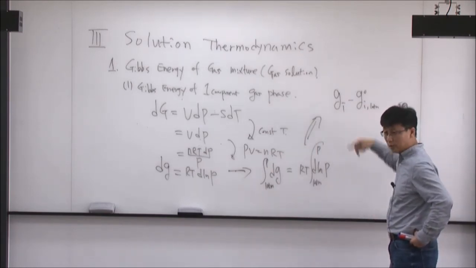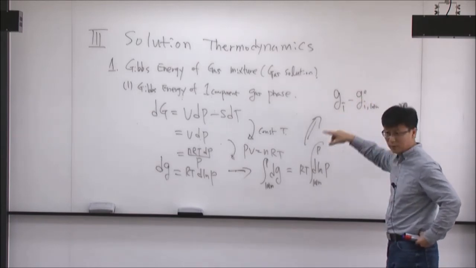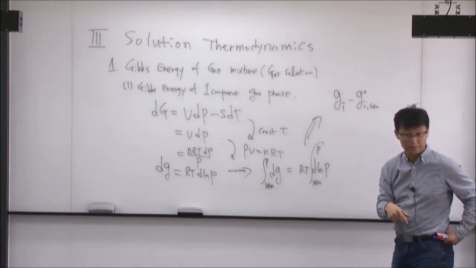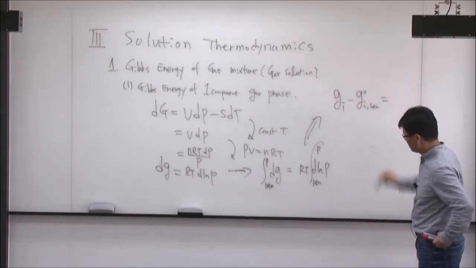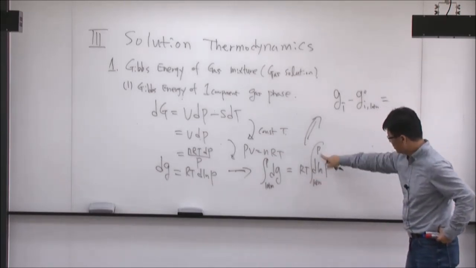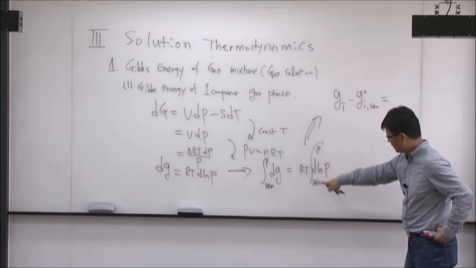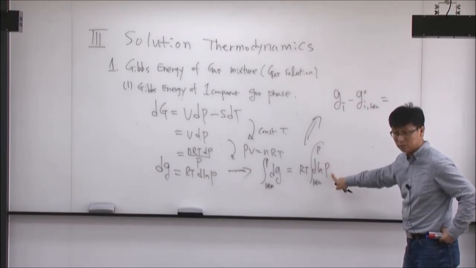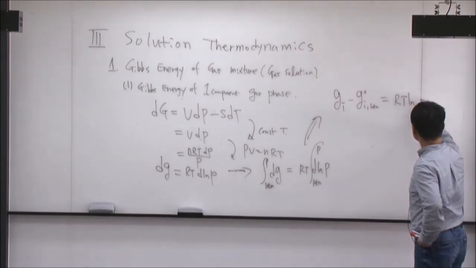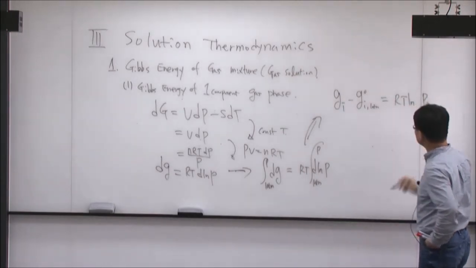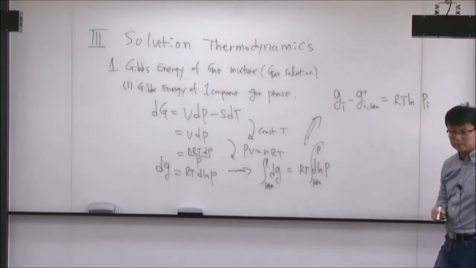When you have nitrogen gas, we can find this kind of information in the thermodynamic table. This equals RT ln P minus RT ln 1. The second part is 0, so this will be RT ln P at a certain pressure.